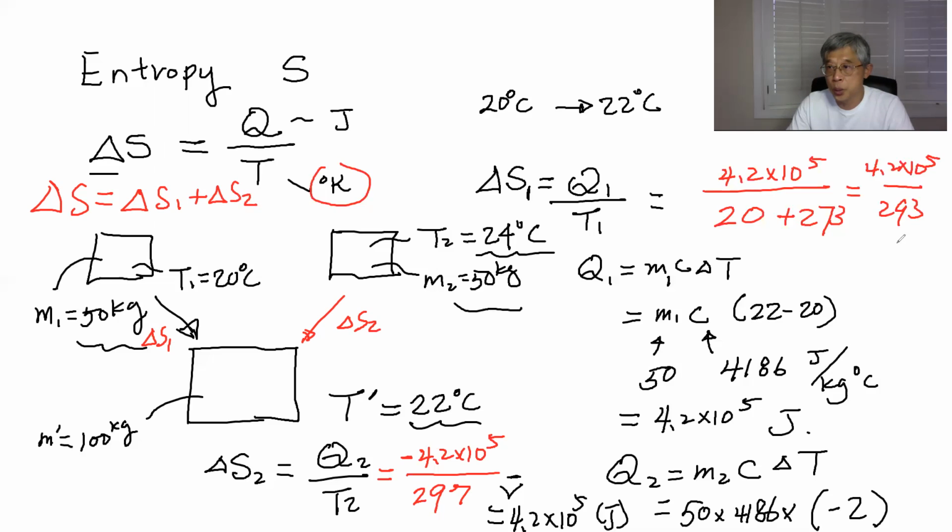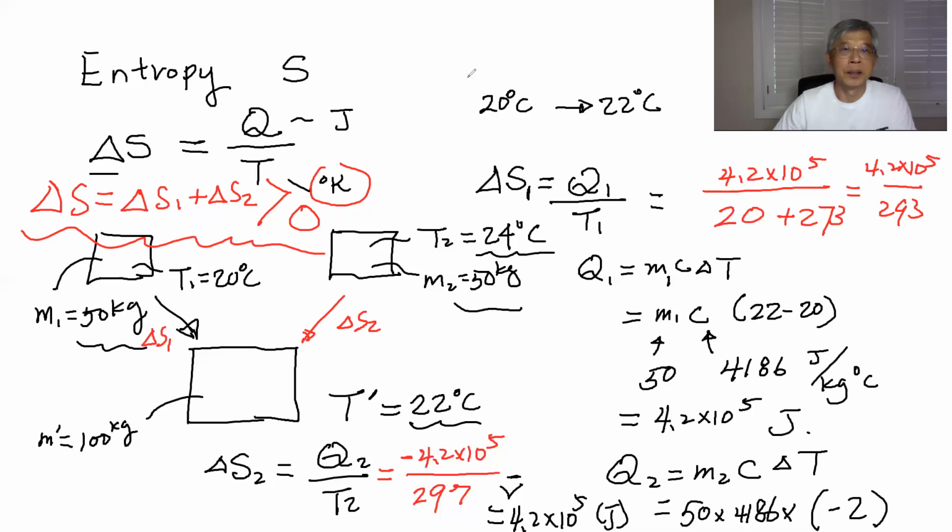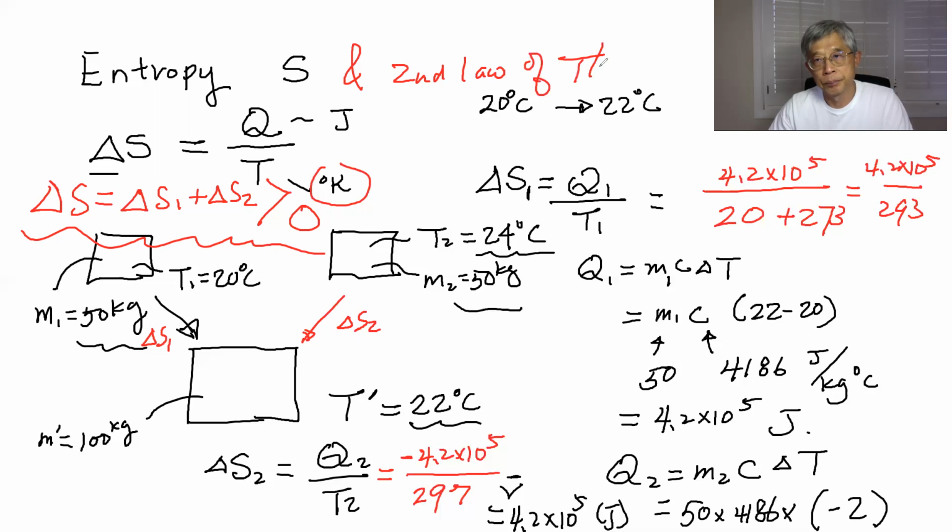This one has a smaller denominator, so it is more positive than this one, which is the smaller value. So together, it's going to be larger than 0. What we demonstrate is the second law of thermodynamics.